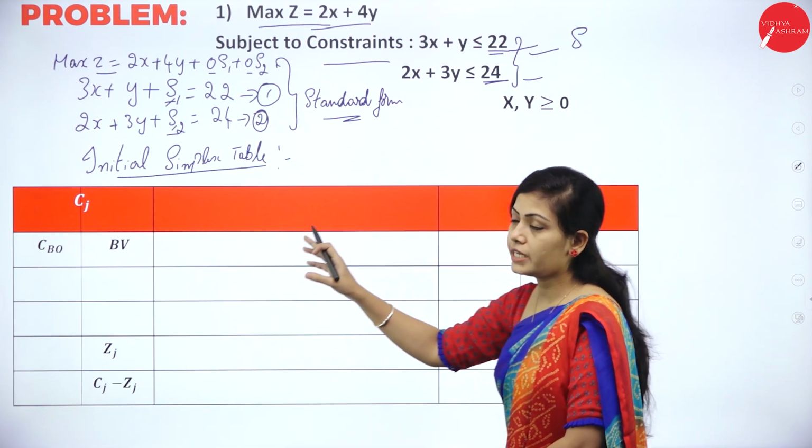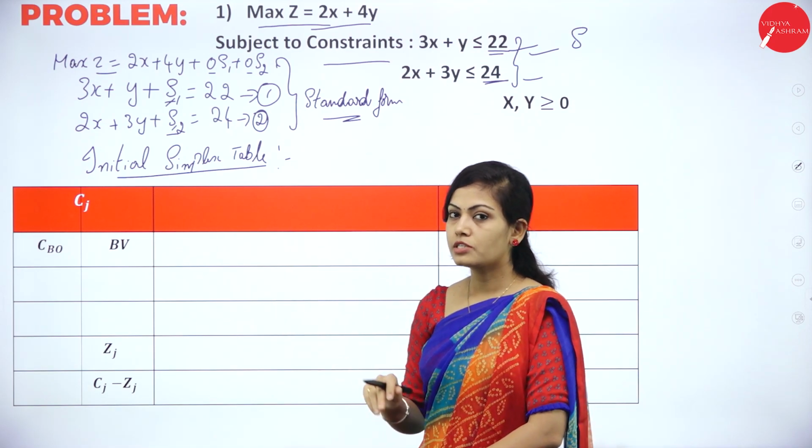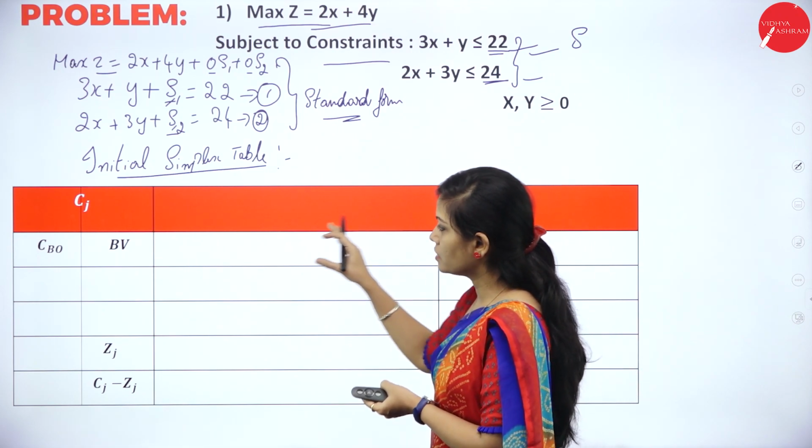How to find this initial simplex table? This is the basic table in the simplex method. Here you just observe this table.